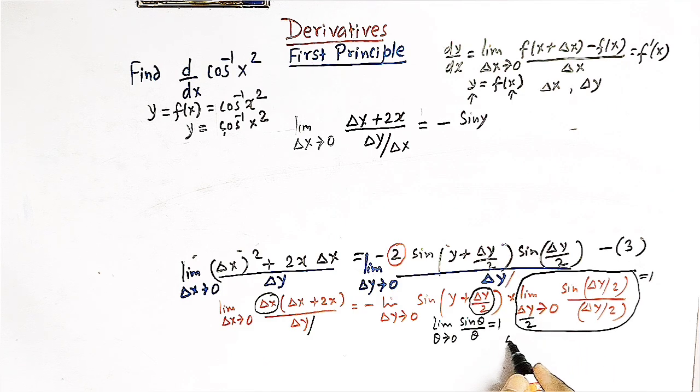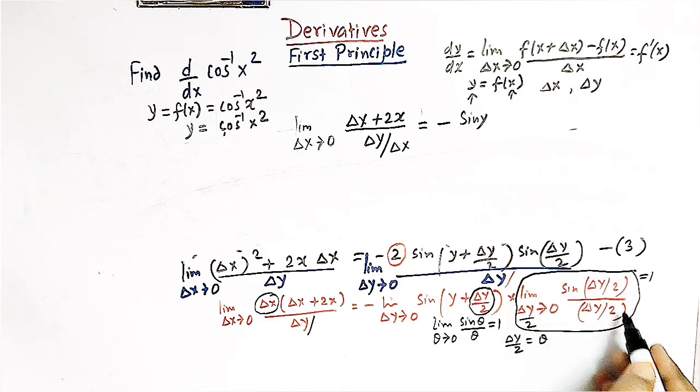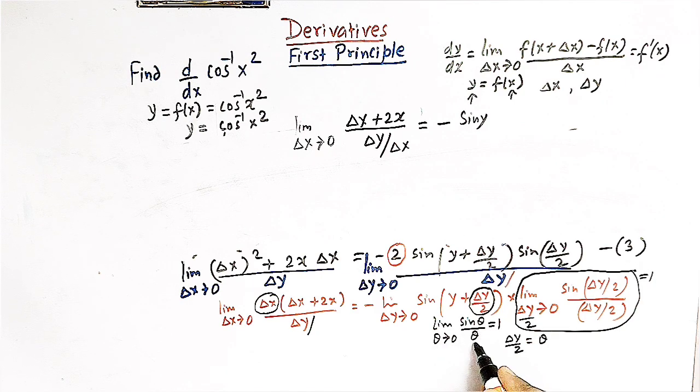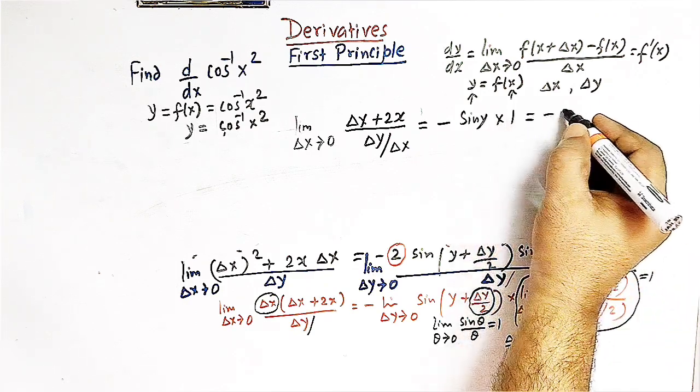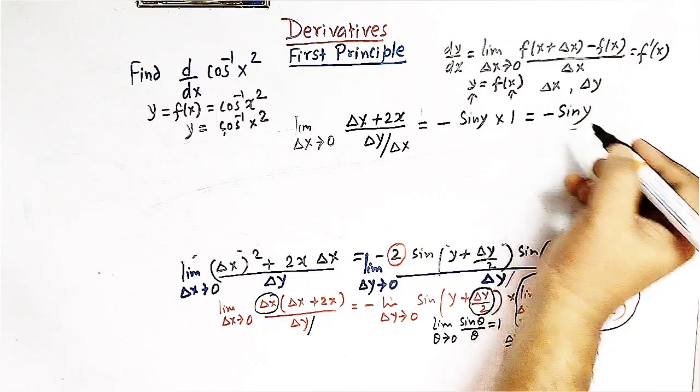So if we take delta y over 2 equal to theta, then this limit reduces to limit theta tends to 0 sine theta over theta, and this limit is equal to 1. So here we have 1, so this is minus sine of y.